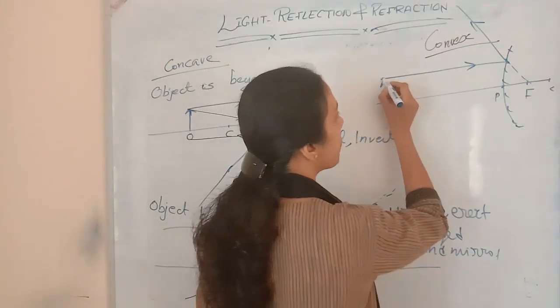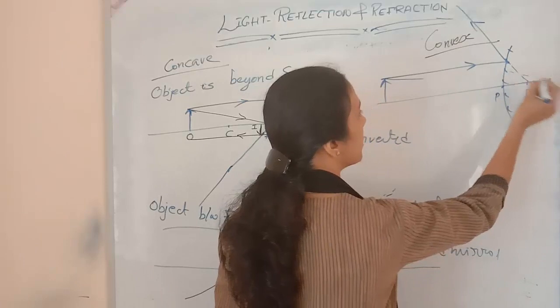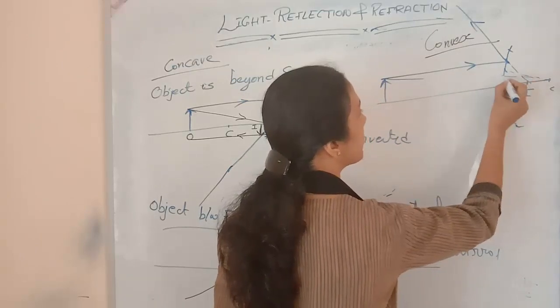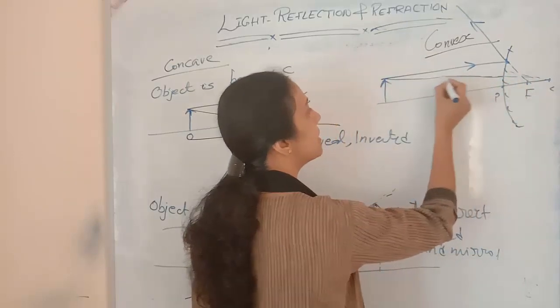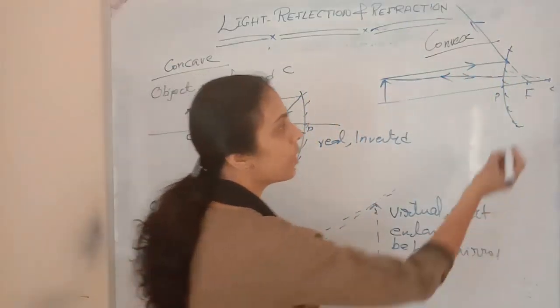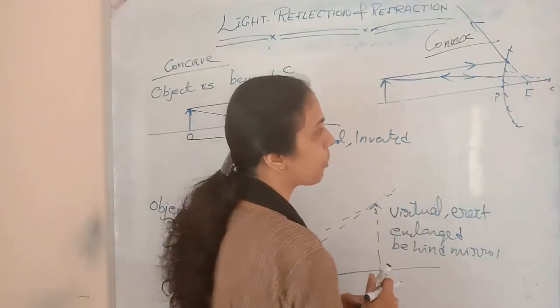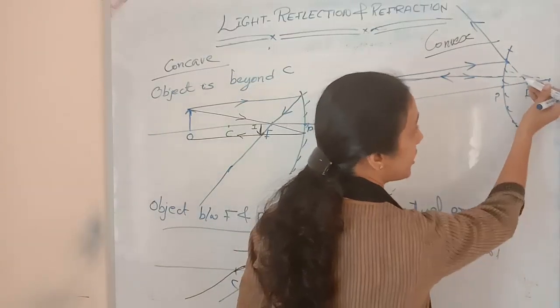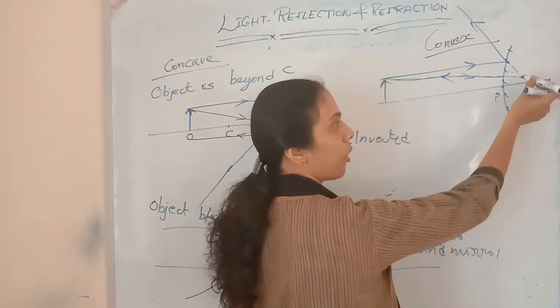The ray which appears to come through the center of curvature will retrace its path. So it is meeting at one point over here, right? This is the meeting point, but it is not actually meeting. We only made it meet at a point with the dotted lines.